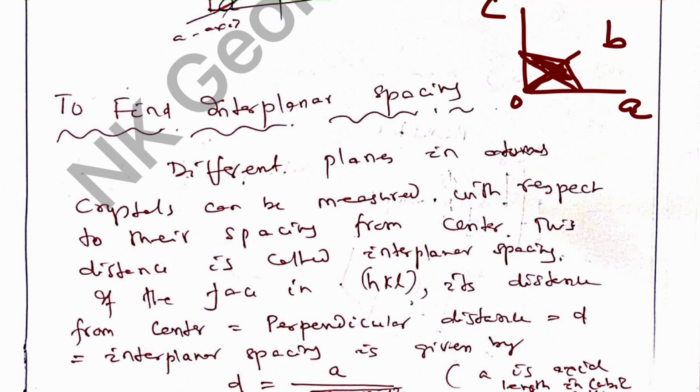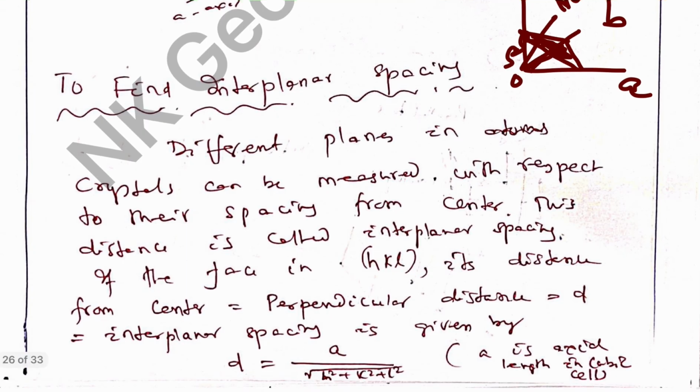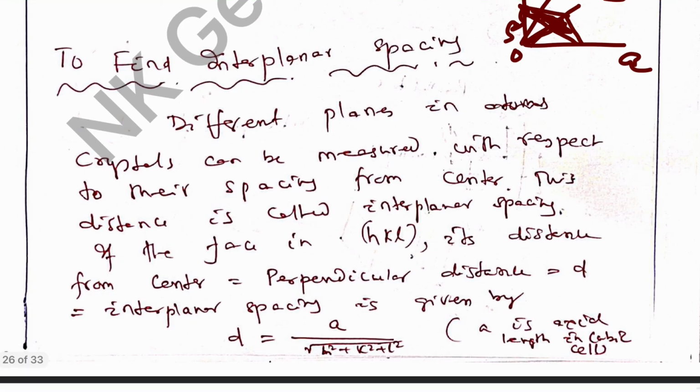So from O we have to draw a perpendicular to this face or a normal. And this distance from this point to this point will give the interplanar spacing, spacing from the center, from the origin. So how can I find out this interplanar spacing?